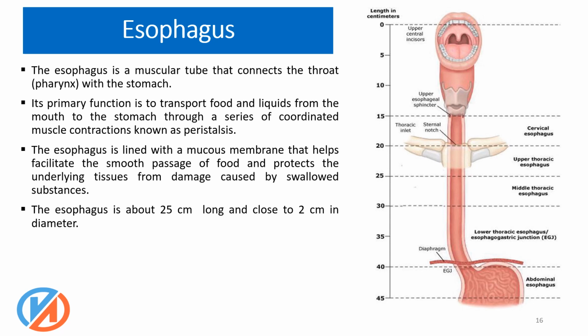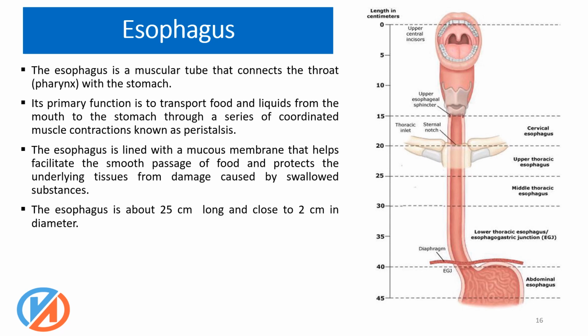The esophagus can be estimated on average as 25 centimeters long and close to 2 centimeters in diameter. It has a lot of components, especially at the tip, the one which connects the pharynx to the esophagus.